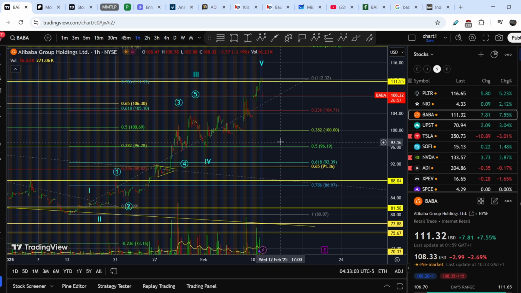To remain bullish, Alibaba shouldn't break this level, and we have to see a reaction somewhere in between. I don't think that we might have a reaction from the 0.236 level, but 0.382, which is around the round number of $100, and 0.5 might be quite good levels of support.